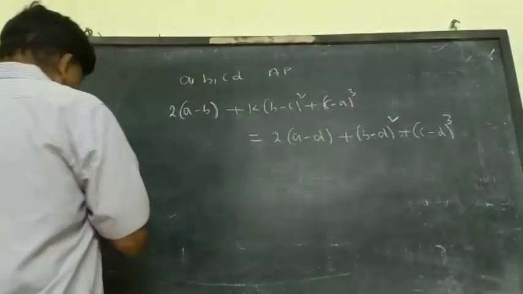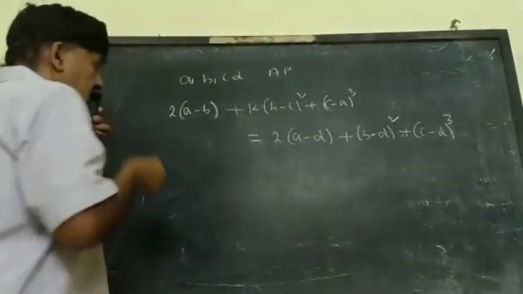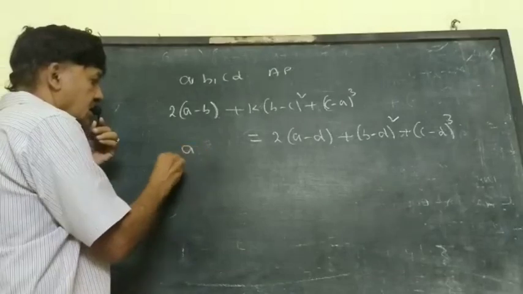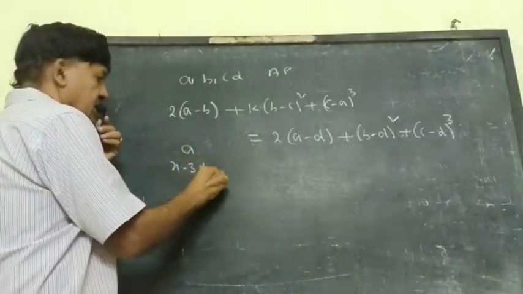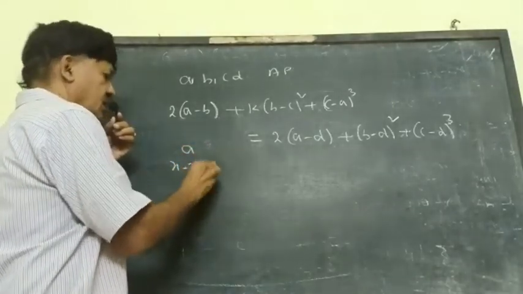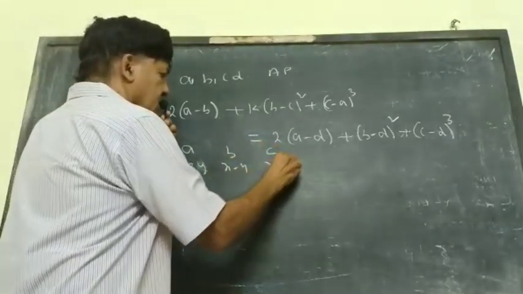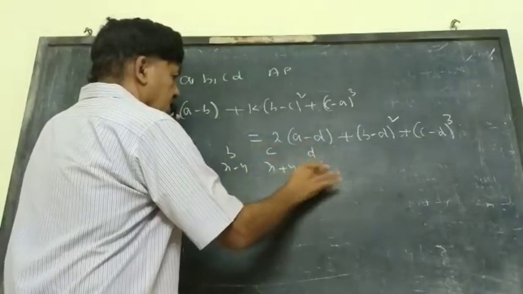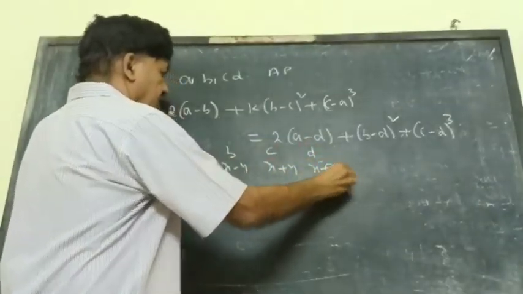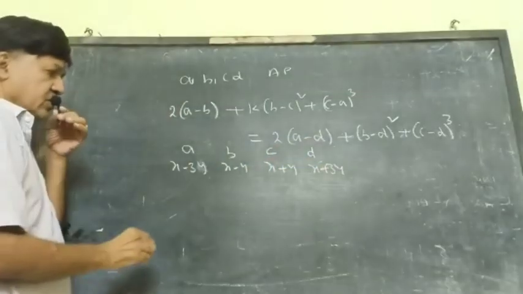See, whenever there are 4 numbers which are in AP, you can choose them like this. A is x minus 3y, B is x minus y, C is x plus y, D is x plus 3y. You simply substitute.